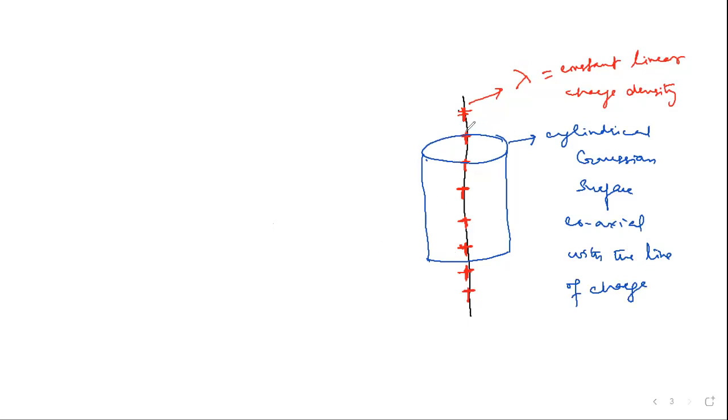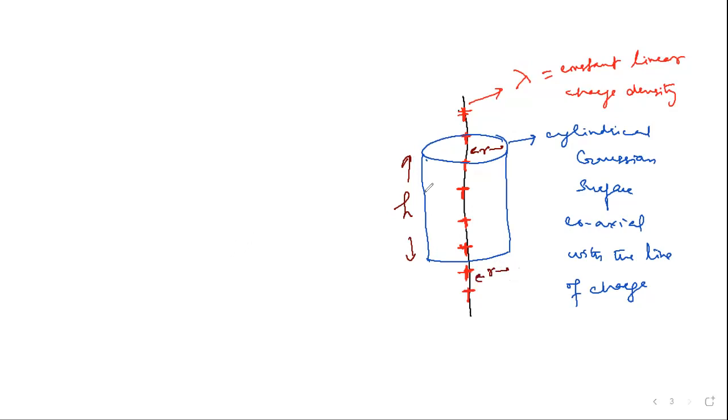That means axis of cylinder is coinciding with the line of charge. Let R be its radius and H its height, right? H is the height of Gaussian surface and R is its radius, right? This I can show R here also.